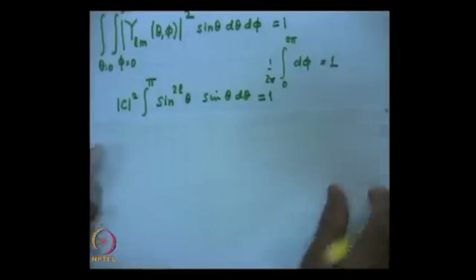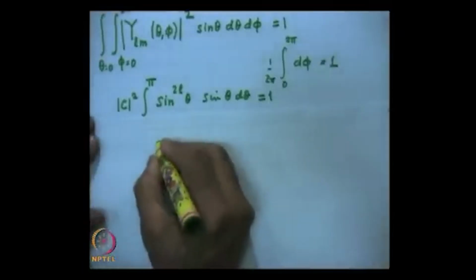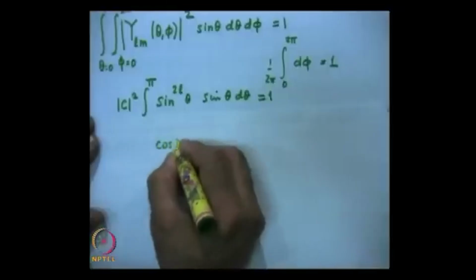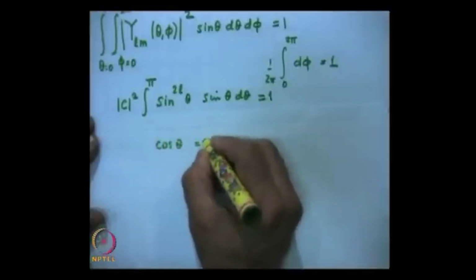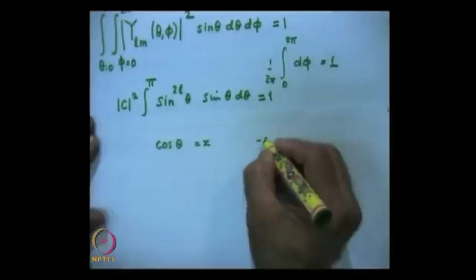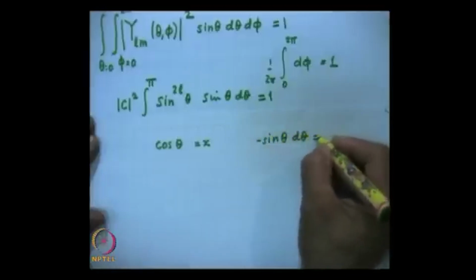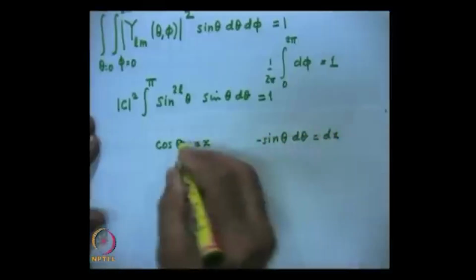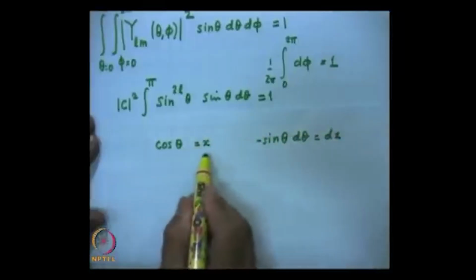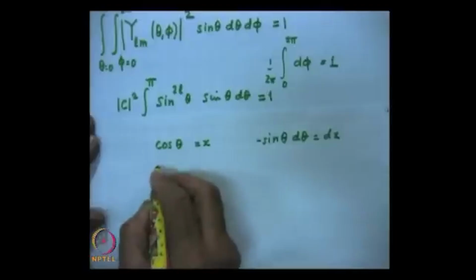So, we make the substitution that cos theta is equal to x, then minus sin theta d theta will be equal to dx, and sin squared theta will be 1 minus x squared.